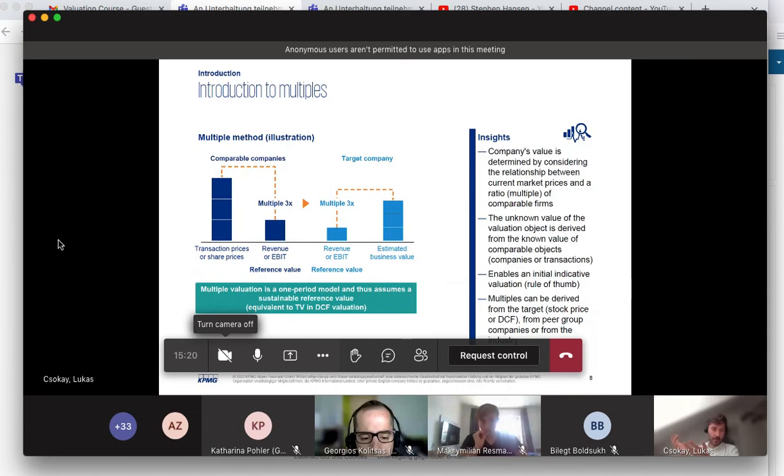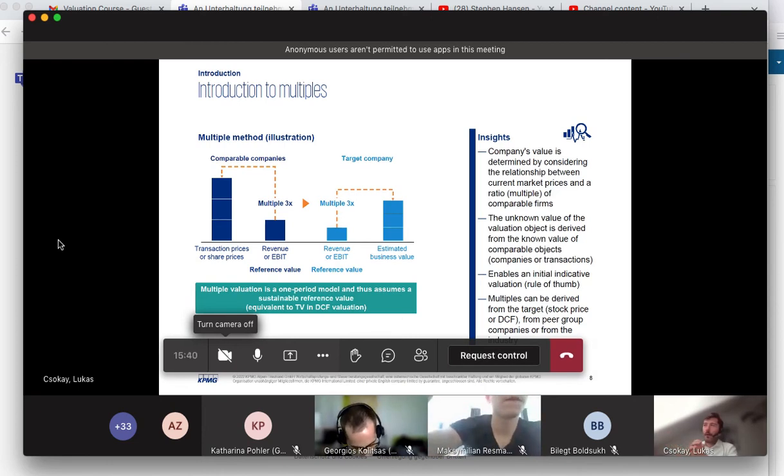And what's very important here, the multiple valuation is a one-period model, and therefore it assumes a sustainable reference value. What that means is that if you have a startup company, for example, with negative EBIT in the first year, then you cannot really apply an EBIT multiple.